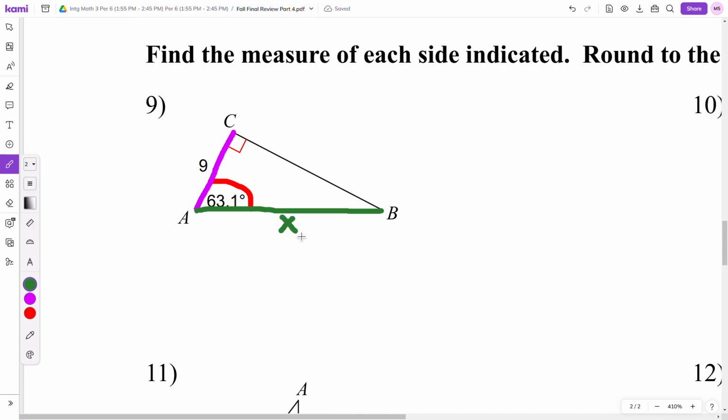Well, if we have adjacent and hypotenuse, that sounds like cosine. Right? We have adjacent over hypotenuse, and of course, that equals cosine.